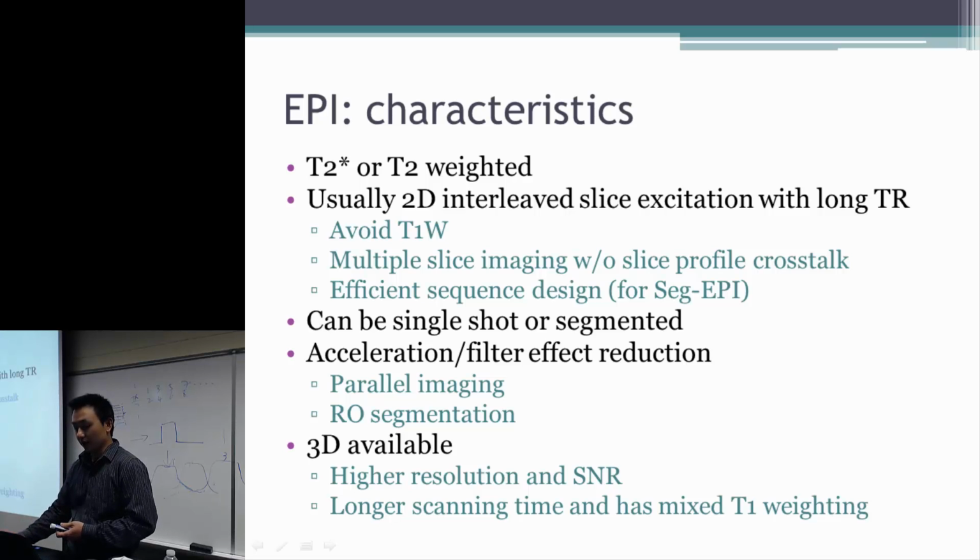But it can also lead to a longer scanning time if you really want to avoid T1 weighting. If you want to shorten the scanning time, then you will have a mixed T1 weighting due to the steady state effects.